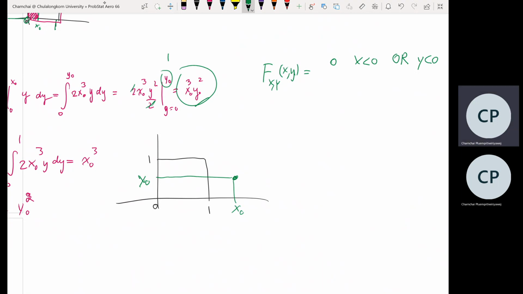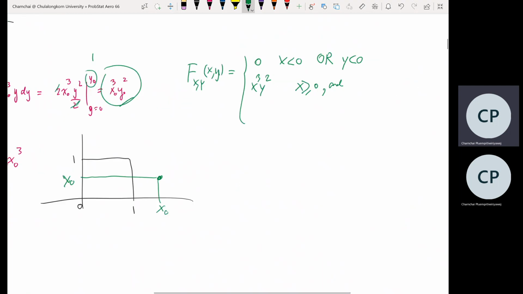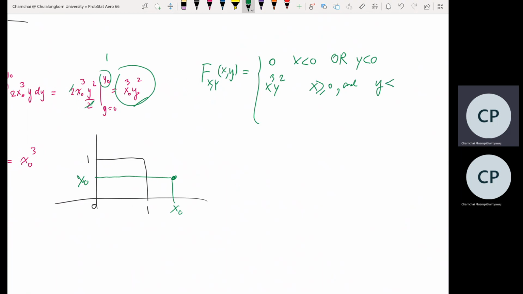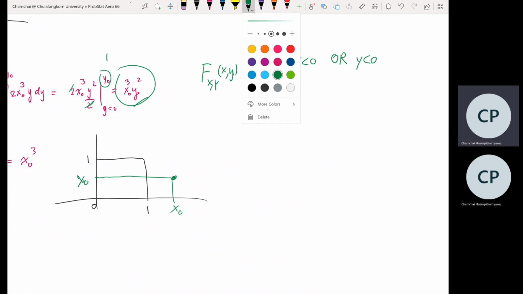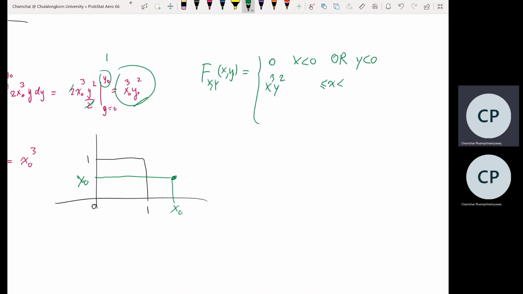It's going to be x cubed y squared for x and y both more than or equal to 0. I'm sorry, here, x between 0 and 1 and y between 0 and 1.